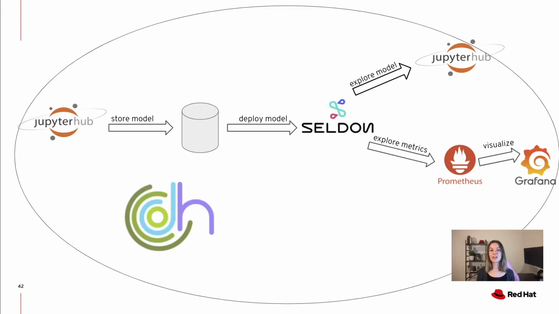And of course, all of these pieces are already deployed when you implement the Open Data Hub operator. So this is a quick and easy end-to-end, just 4 applications for your entire machine learning workflow. One for making the model, for deploying the model, for collecting data, as well as visualizing the data you've collected.